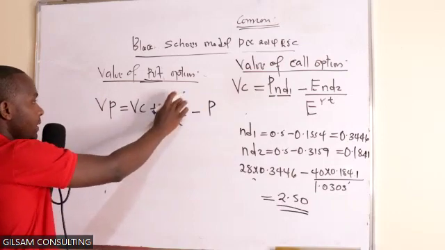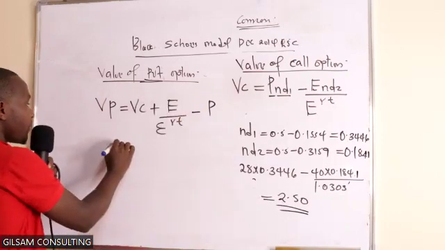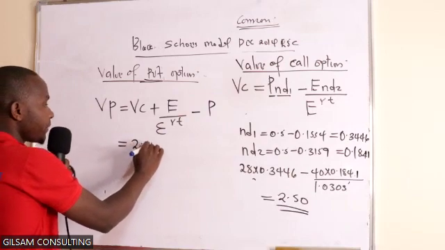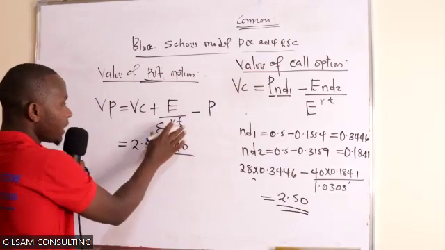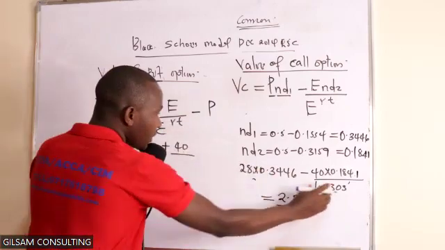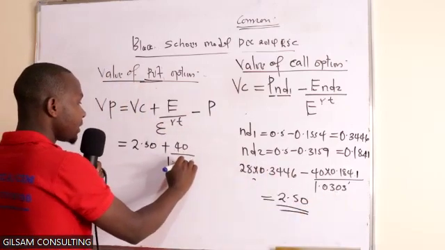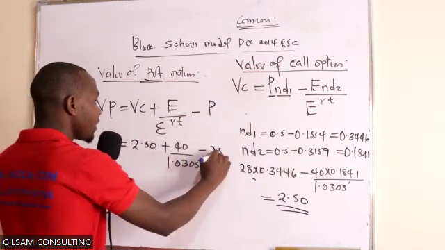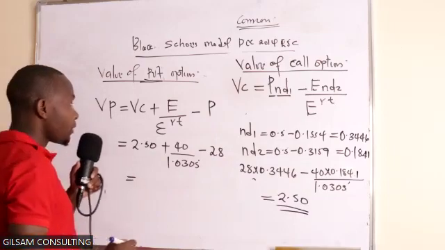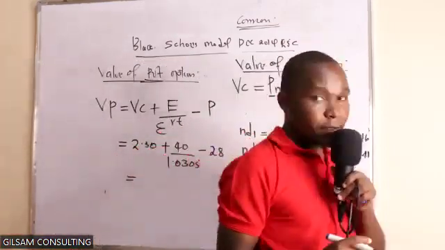P is the exercise price. So now I have the value of call option, 2.5. I will say plus 40 divided by this one, which we already had, 1.0305, minus the spot rate, which is 28. So what could be the value of put option?